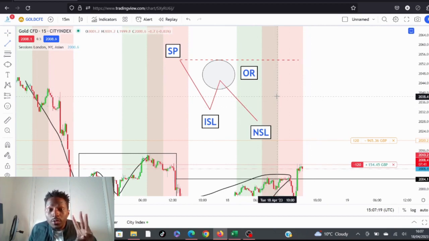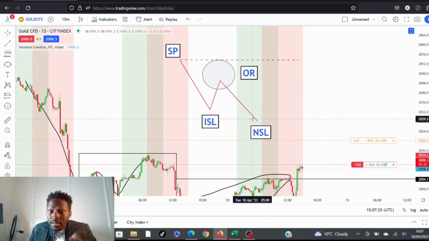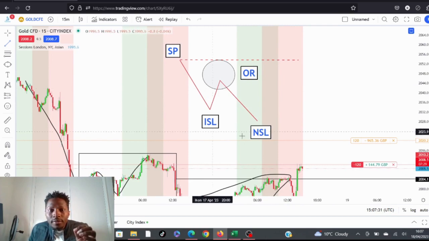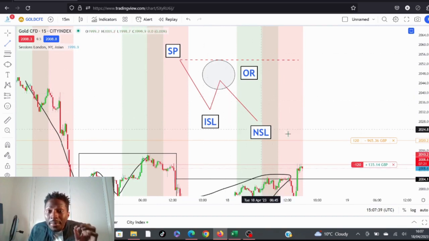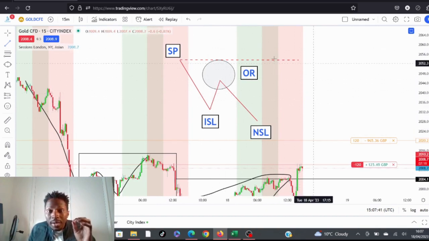This is the characteristic of a bearish market. You can look at any bearish market chart and you're going to see many of these structures. For as long as the market stays bearish, this will keep happening back to back.